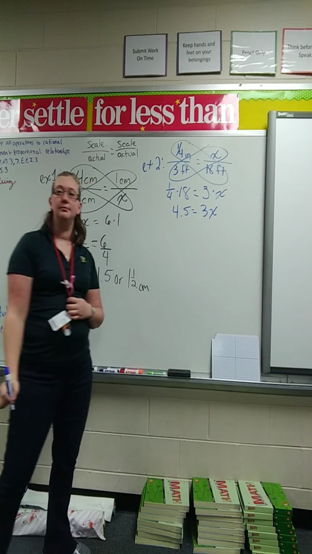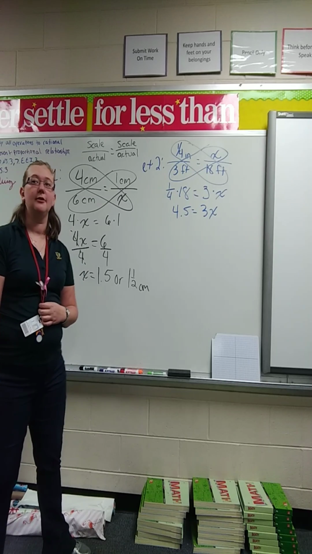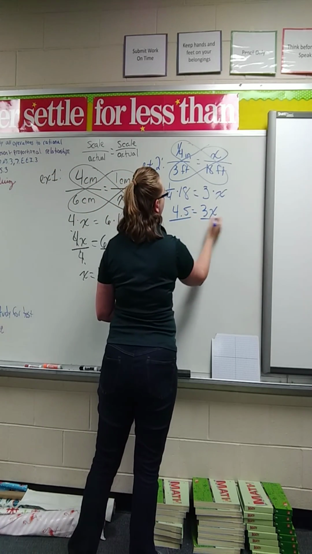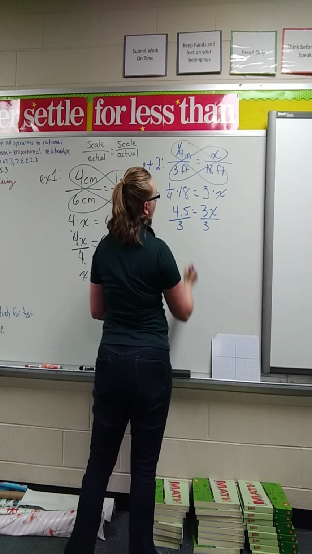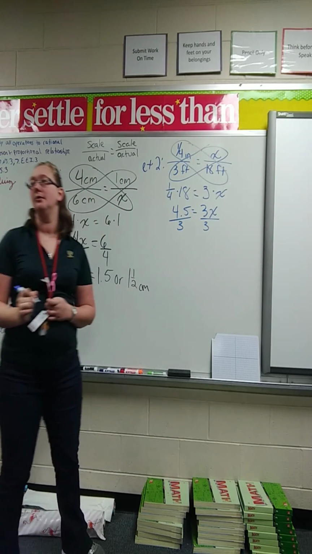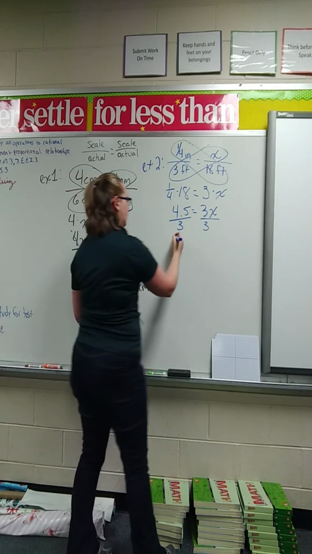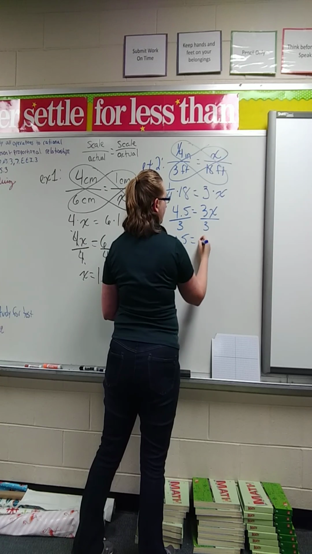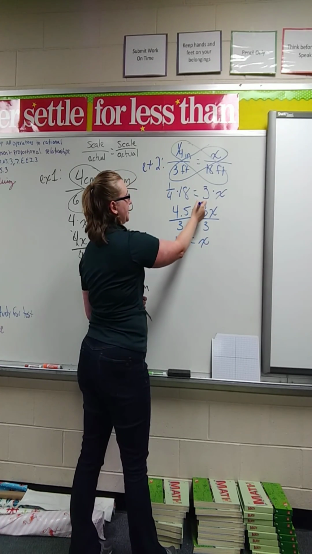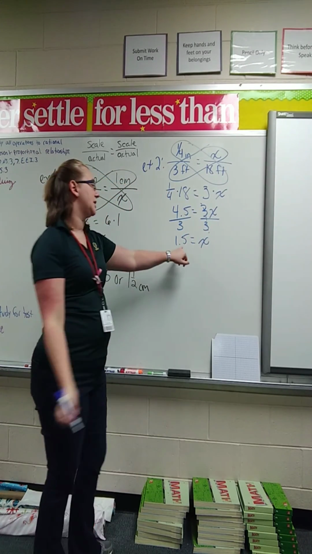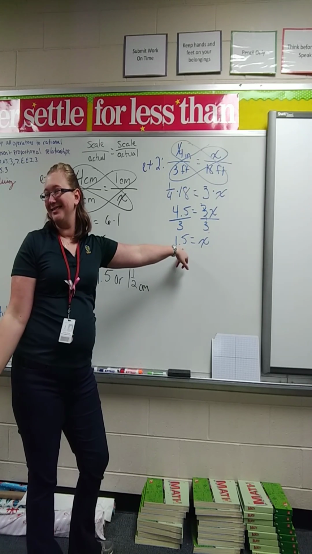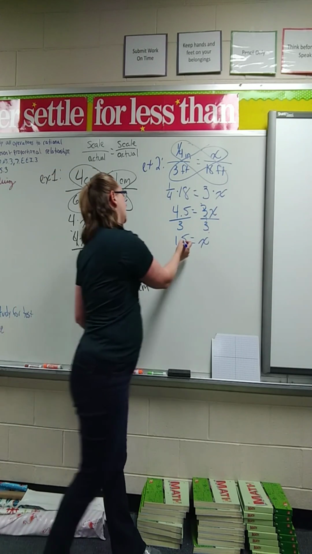Then what do I do? Divide both sides by 3. What is 4.5 divided by 3? 1.5. That equals x because these 3's cancel each other out. What units go here? Inches.